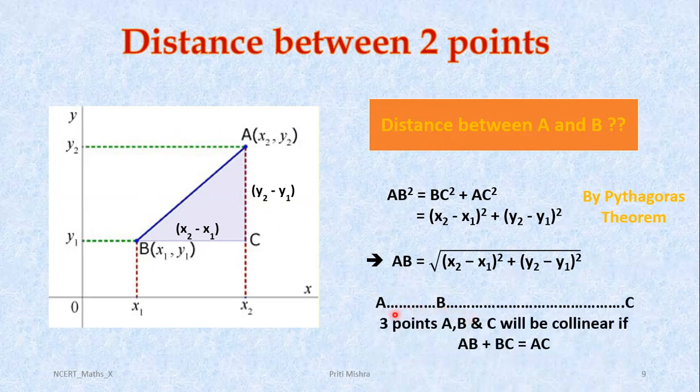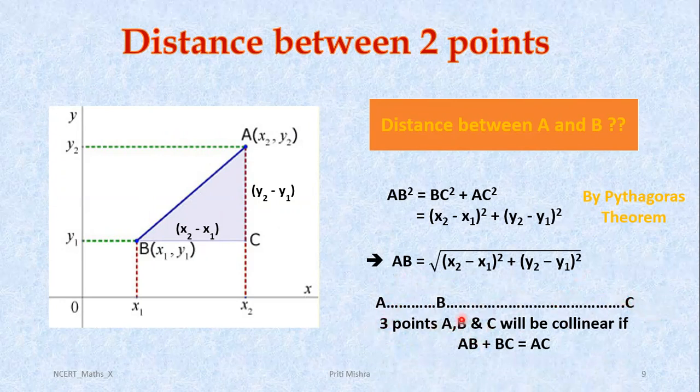Now, if we have 3 points A, B, C, and we have to check whether these 3 points are collinear or not. Collinear means, are these points lying on a line or not? As you can see here, I have shown these 3 points on a line.